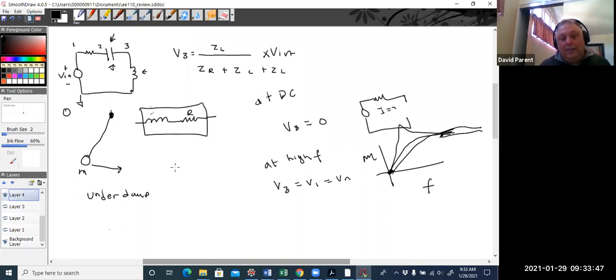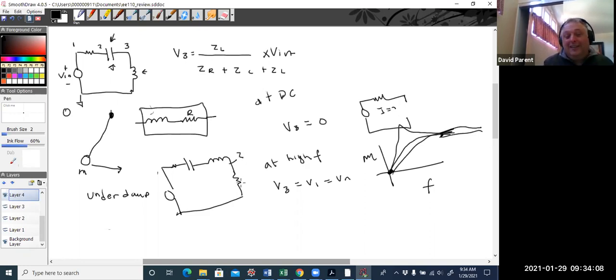And the tricky part is that if I were to ask you this, you'd find that at DC it's 0 and at high frequencies it's 0, but at middle frequencies it's not.